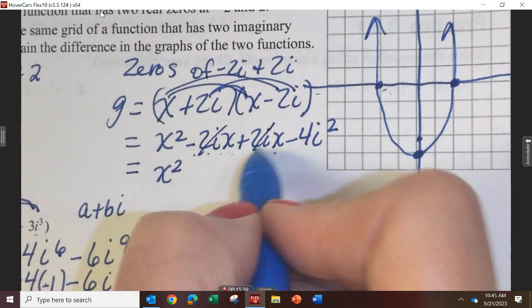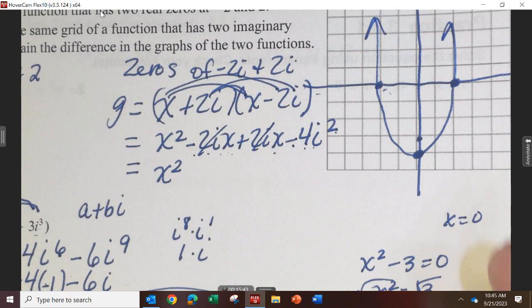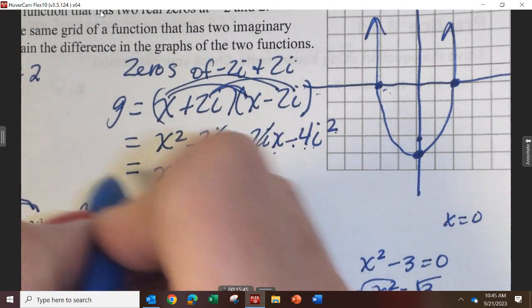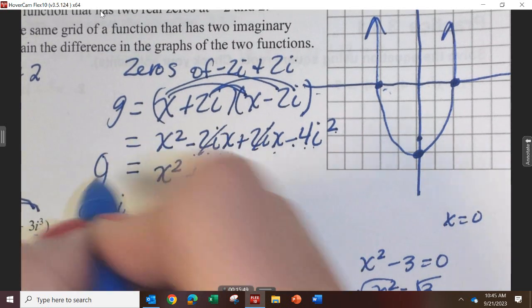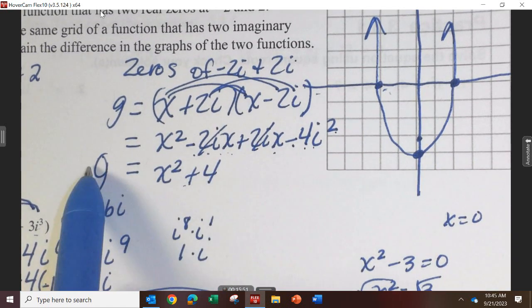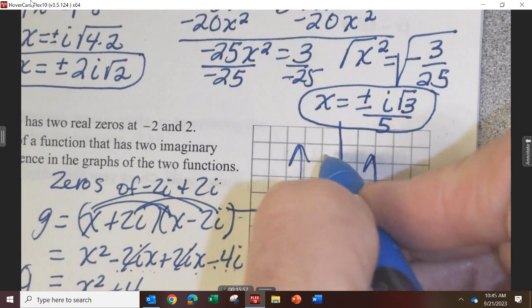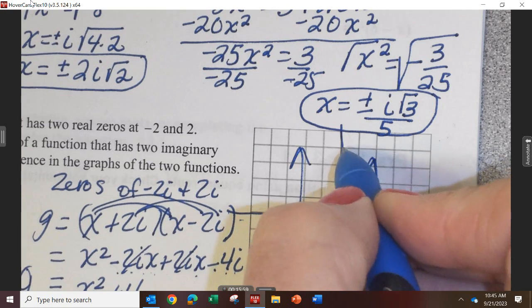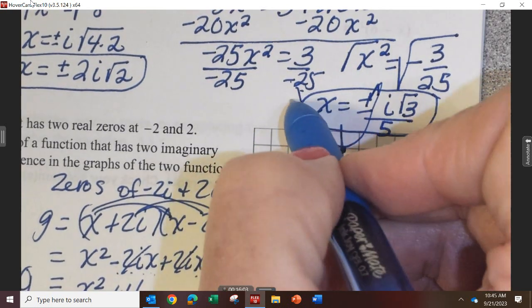Cancel out. And what is negative 4i squared the same as? Plus 4. Would that work if I were, oops, I'm going to call that g. If I set that equal to 0, would I get plus or minus 2i as the solutions? Yeah. So that's going to be this graph that's been shifted up 4 units, right? So it looked like that.